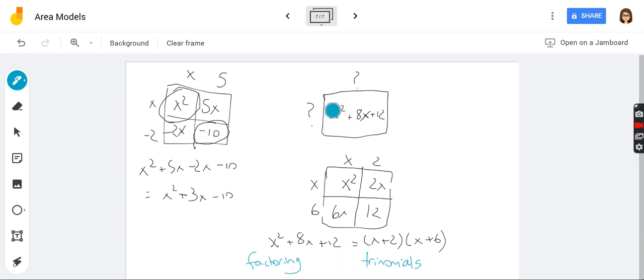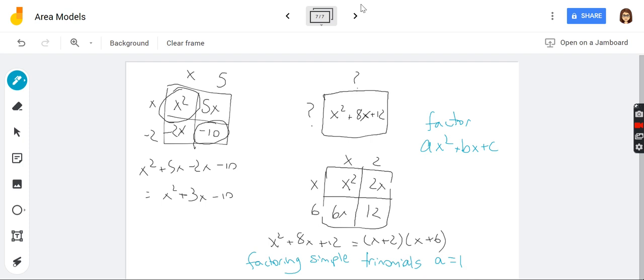Nothing means there's a coefficient there that's a 1, right? And so when the coefficient is 1, it's called a simple trinomial, okay? Trinomials look like ax squared plus bx plus c. Those are the ones that we're going to factor. And in the simple trinomials, this a is equal to 1.